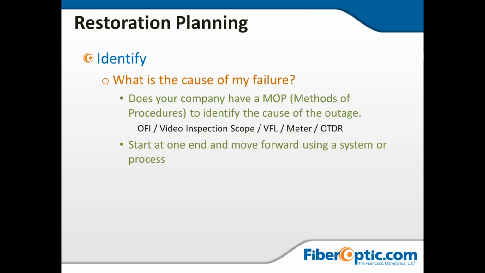So it's important to systematically cross off different tests and move in a direction where you've investigated all possible causes of your fiber outage from the one end to the other.